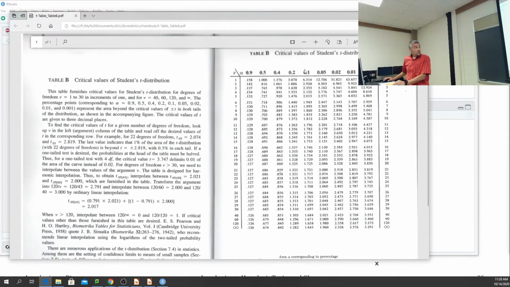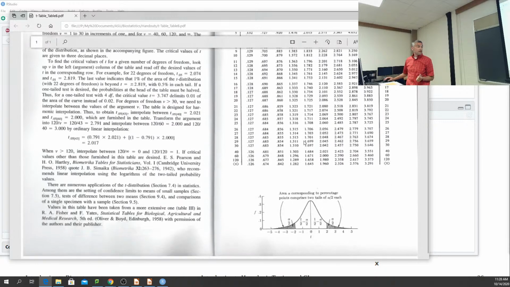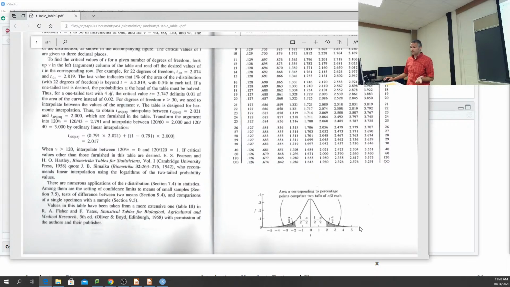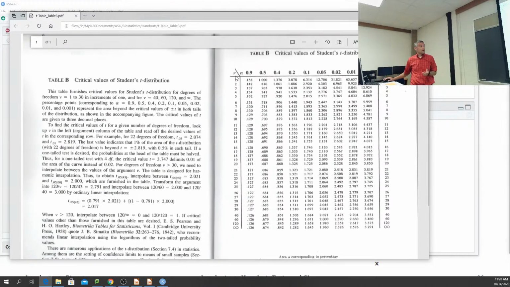It's arranged with our alpha up top here. This alpha is telling us the percentage of values that are in the tails, in both of our tails. V, or nu here, is our degrees of freedom.